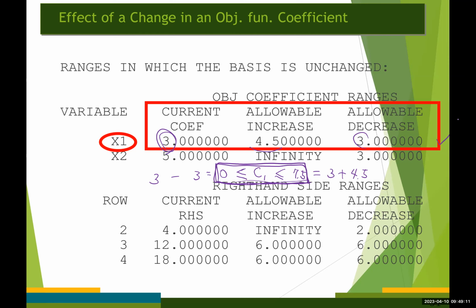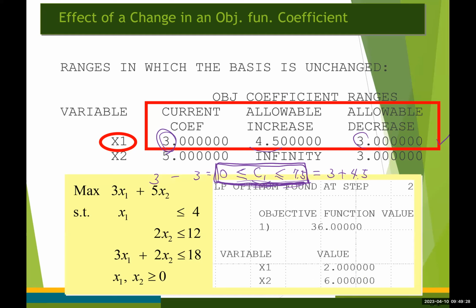And of course, even within these ranges, window glass profit will change, right? So for example, if C1 becomes 7 instead of 3, then the window glass profit will be 7 times x1, which is 2, plus 5 times x2, which is 6.